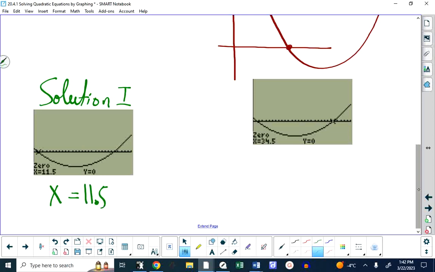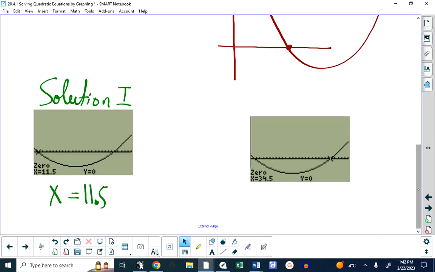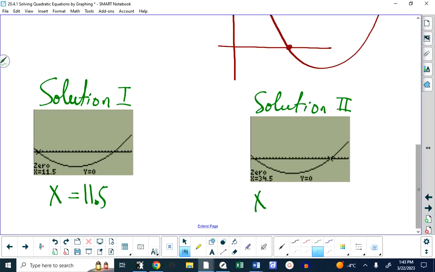Solution 2 is that x is not 11.5, it's 34.5. So, remember we called x one of the numbers. What was the other number? What did we say the other number was?